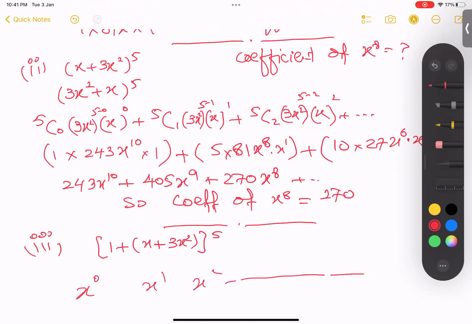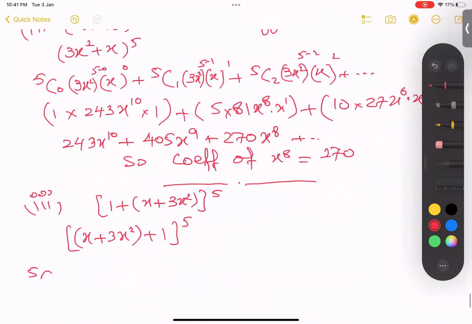So it was very hard to get 8. If I change the places, like x plus 3x to power 2 before and 1 later, what happens then? Let's see, 5C0, first term into second, then 5C1, first and second, and 5C2, first and second.